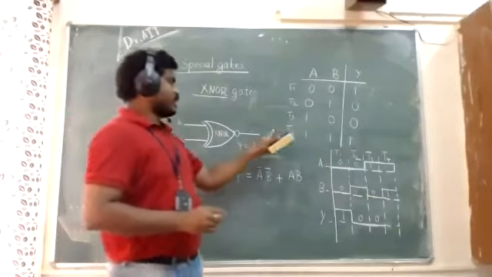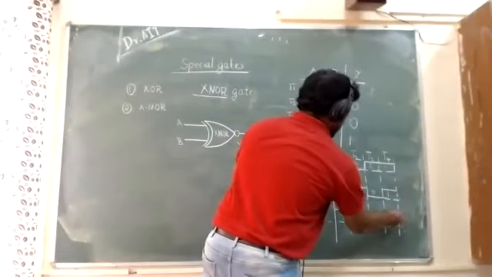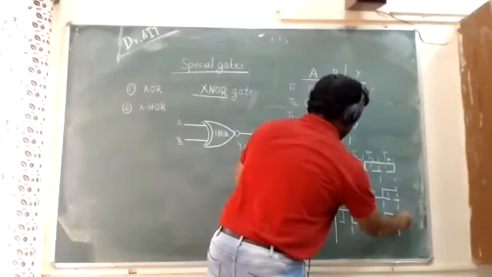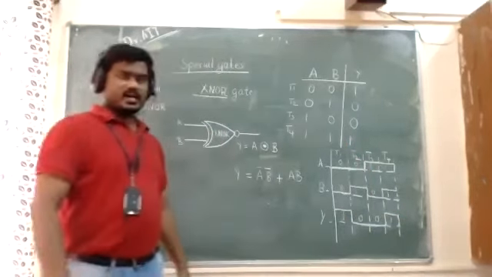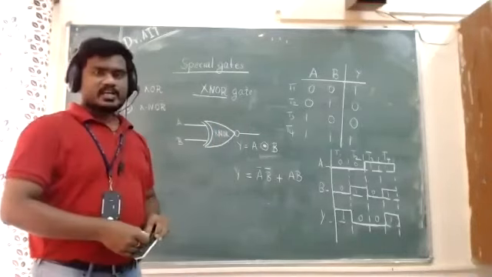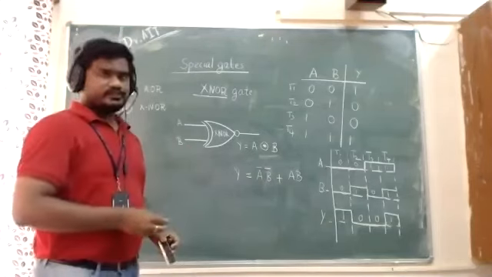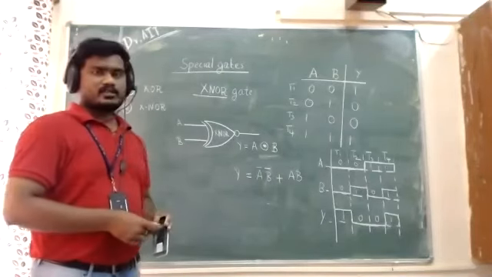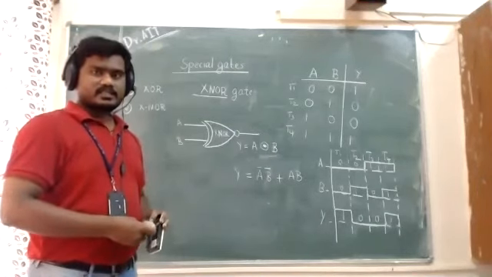Then for the last case, when both inputs are the same, once again the XNOR gate output is logic high. So this is regarding the truth table, symbolic representation and logical expression of the XNOR gate. I hope this is clear for you.